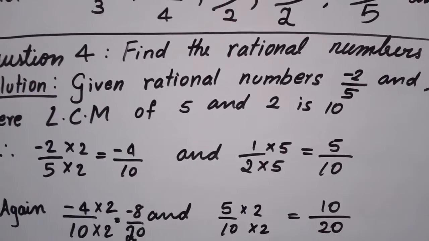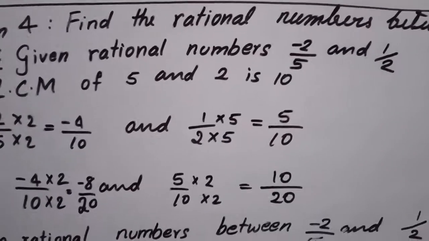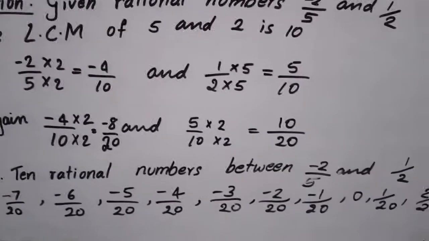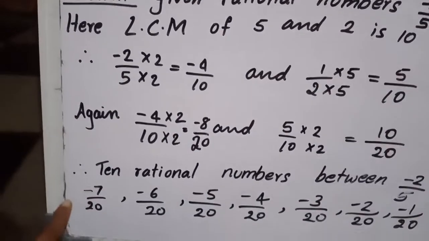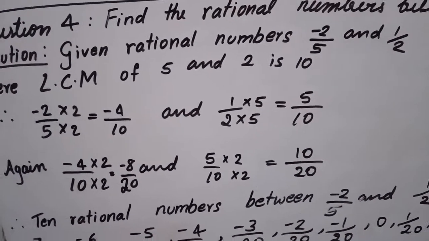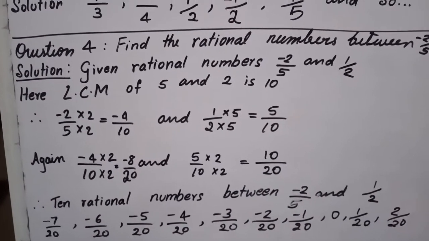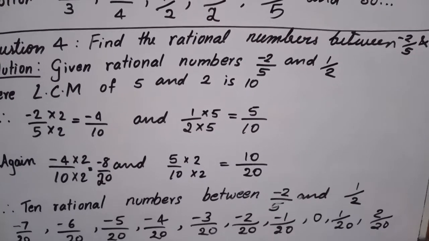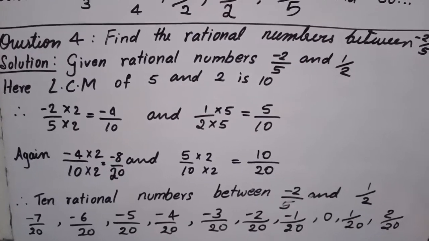So we will get minus 8 up to 10. There are a lot of values, but we required only 10. Therefore, 10 rational numbers between minus 2 by 5 and half. We can write: here we have got minus 8, so minus 7 by 20, minus 6 by 20, minus 5 by 20, minus 4 by 20, minus 3 by 20, minus 2 by 20, minus 1 by 20, 0. 0 is also one of the rational numbers. 1 by 20, 2 by 20.